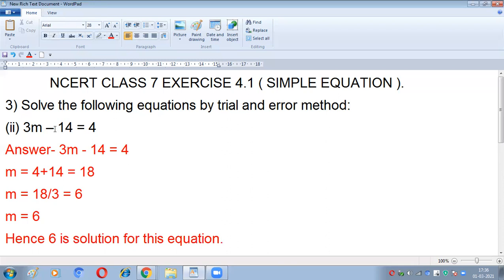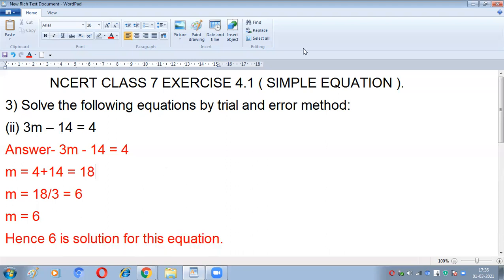That means instead of m, we have to write 6. So let us check that 3 multiplied by 6, that is 18, right? 18 minus 14 is 4. Yeah, this equation is correct. And 6 will be put on m. 6 will be the result of this equation.